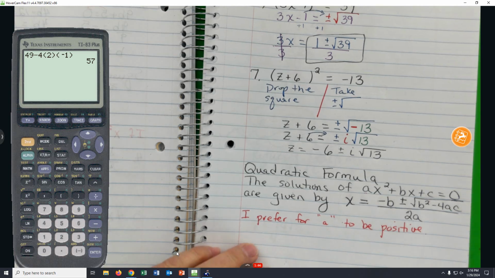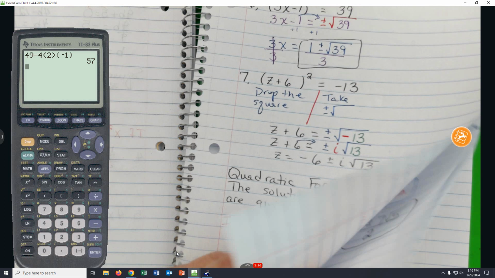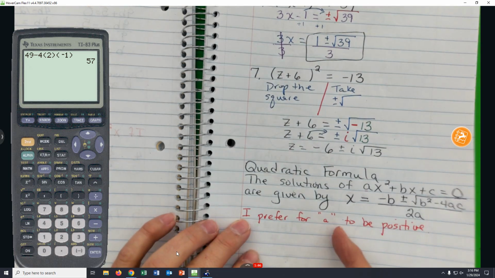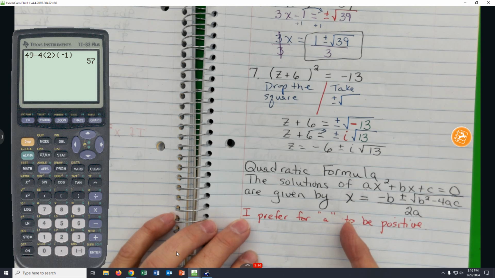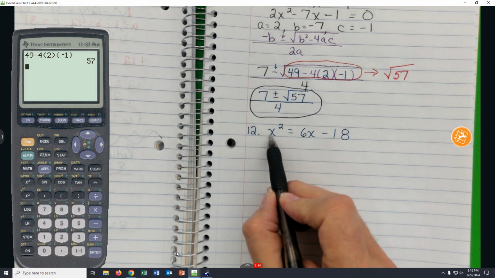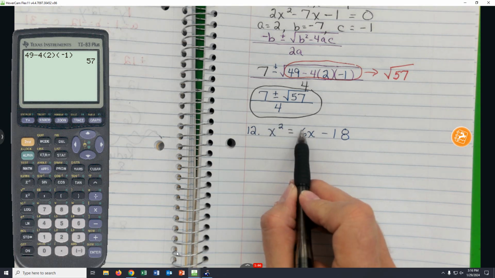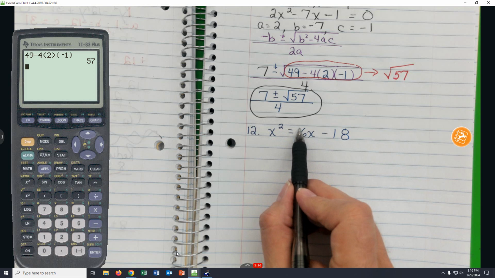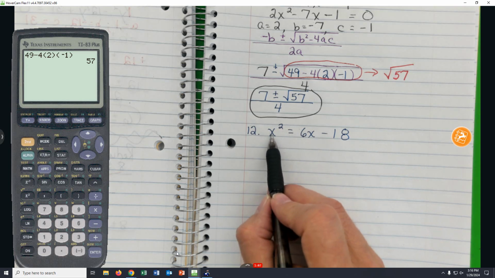You want one side of the equation to be 0. I want the a to be positive, so I would not move the x squared over to the right. It'll always work out easier if that x squared term is positive.